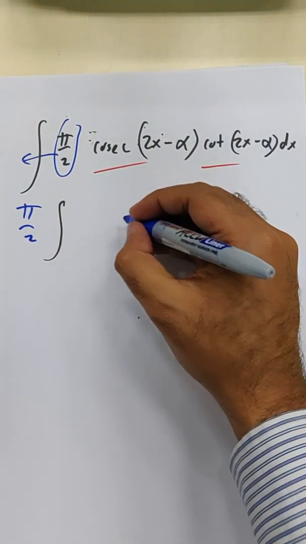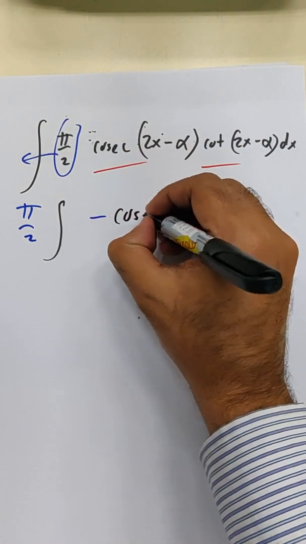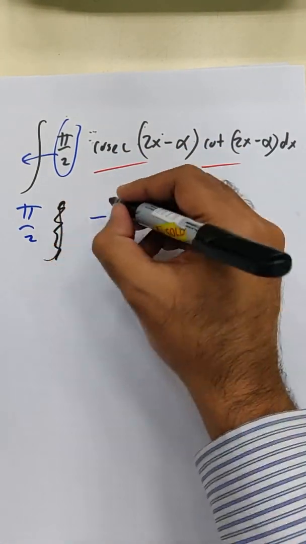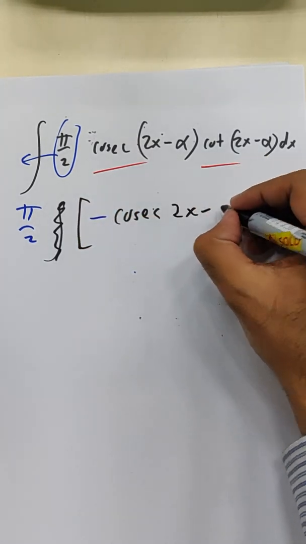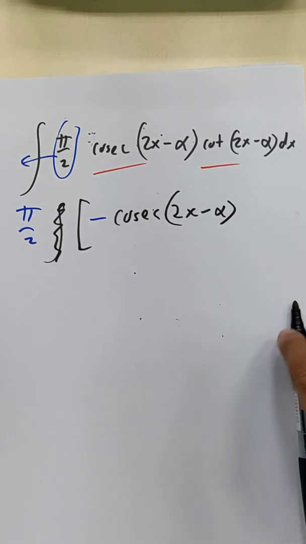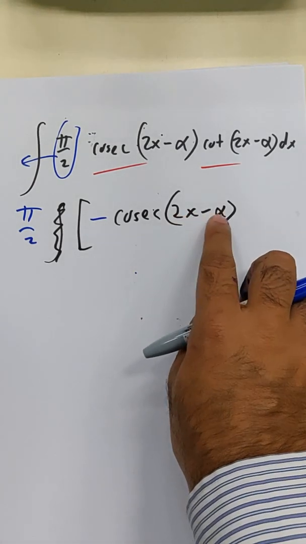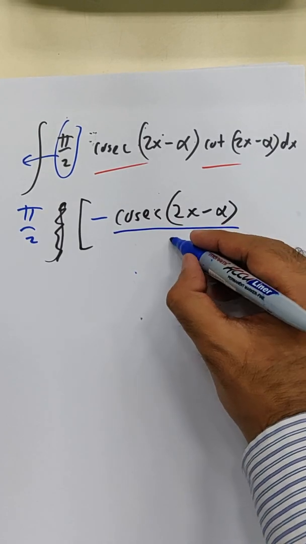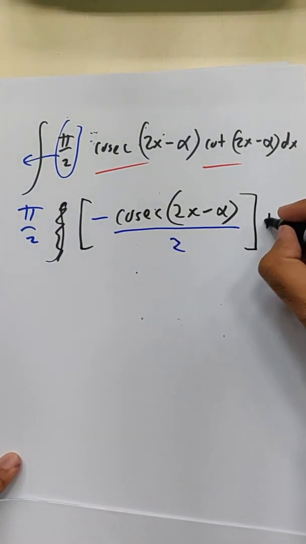So, negative cosec, I don't need this one anymore. 2x minus alpha. Differentiate 2x minus alpha over 2 plus c.